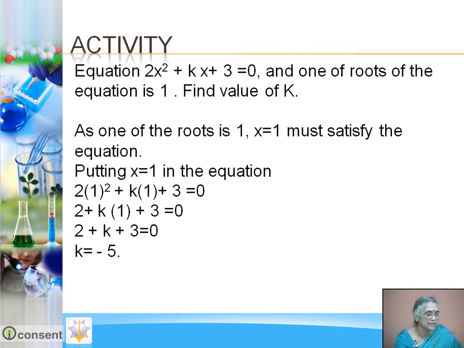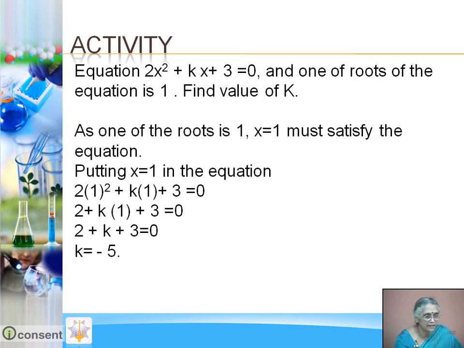Now one more type of example. Here you are given 2x square plus kx plus 3 is equal to 0, and one of the roots of the equation is 1. You are asked to find the value of k.